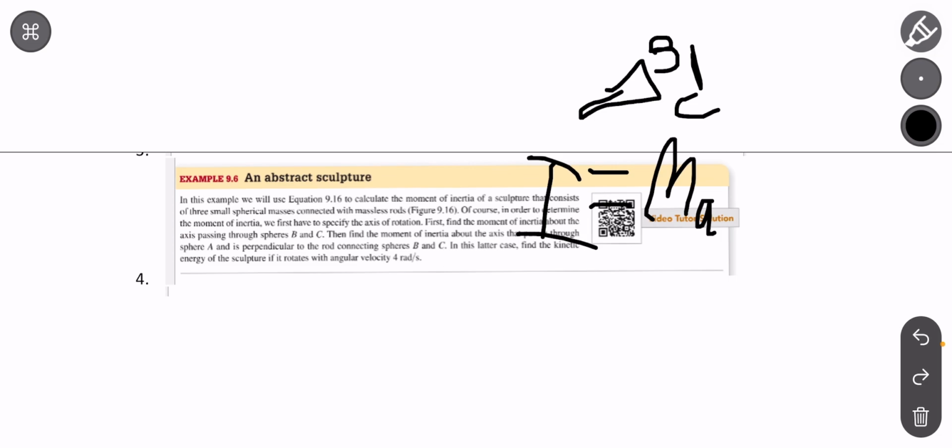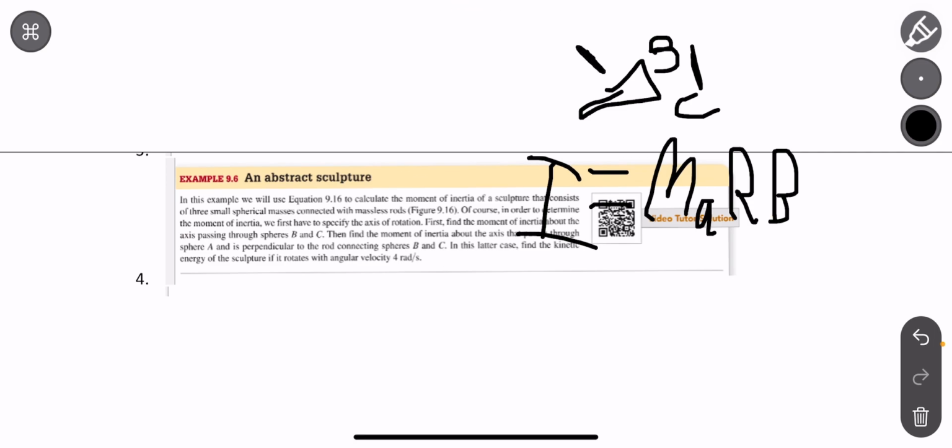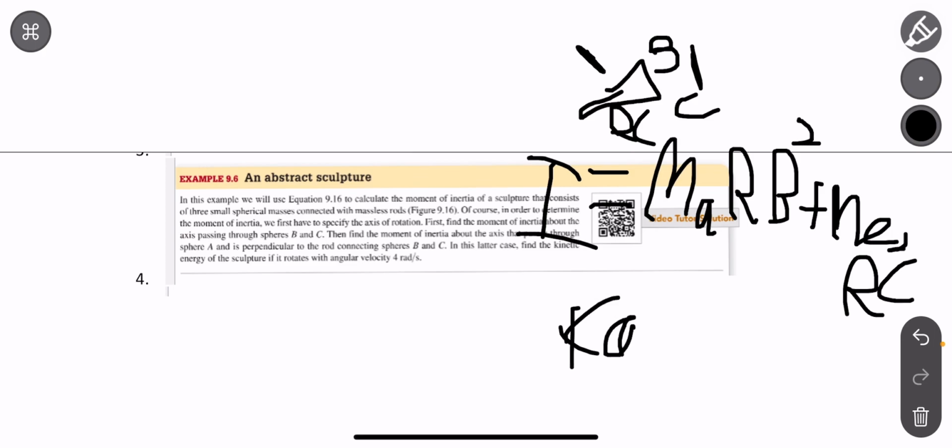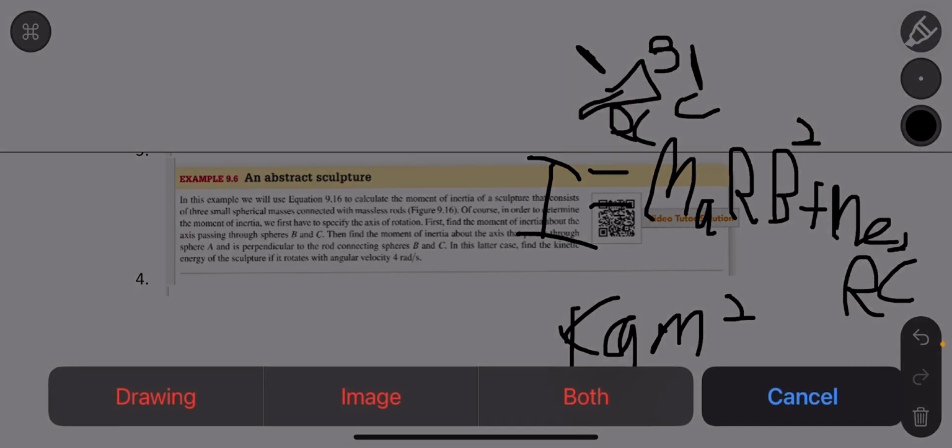These are squared, by the way, and it will give us our units of kilogram meters squared if they gave us more information on this problem.